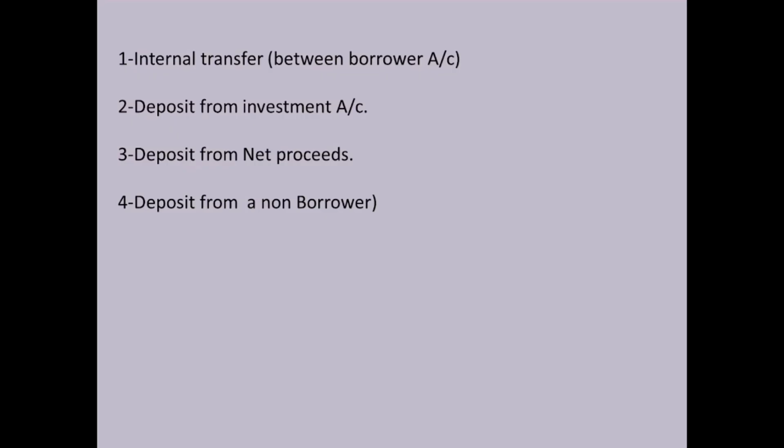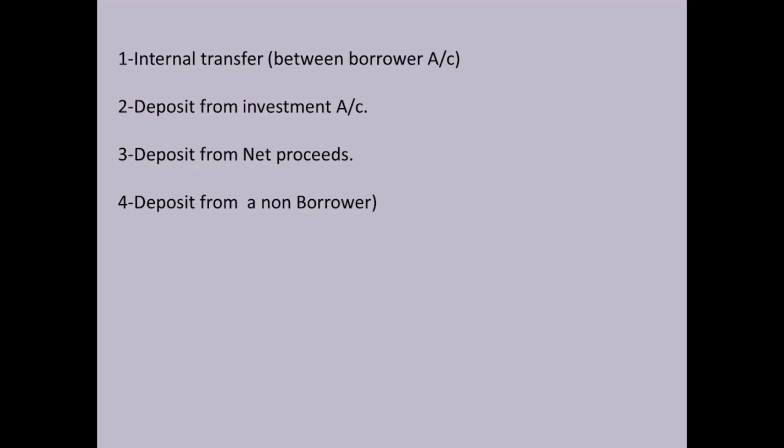Okay, the deposit from the investment account. There is an account where you can verify that funds are coming from the investment accounts, like a stock account or IRA account, or that kind of investment where the borrower is investing their funds in stocks or anything like that.